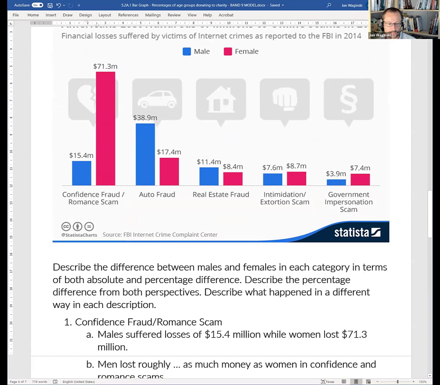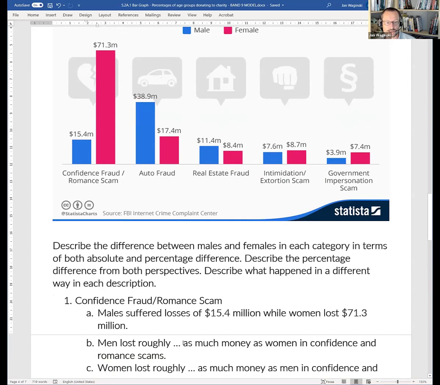So here, you can describe it as males suffered losses of 15.4 million while women lost 71.3 million. Now, the question is, what's the ratio between these? How much did men lose compared to women in romance scams?